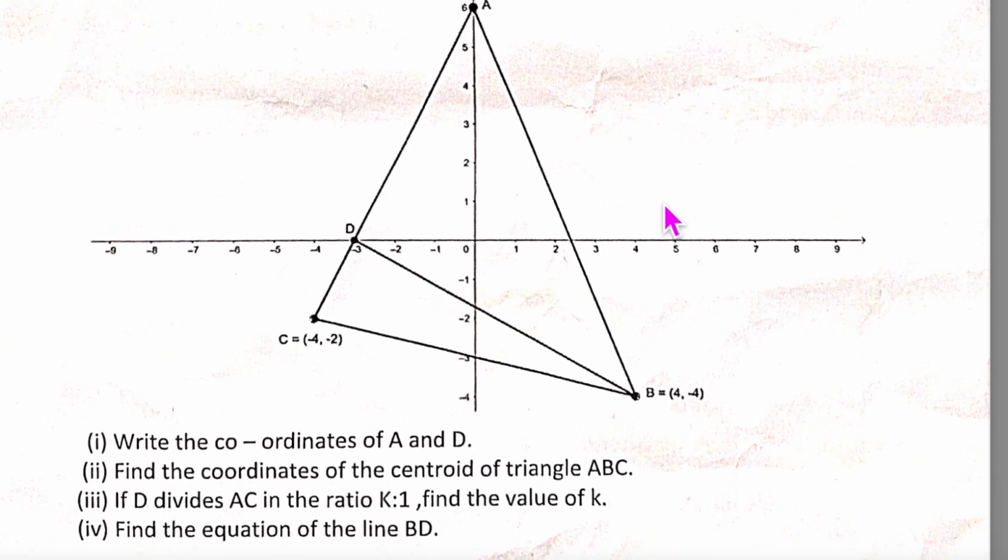D is minus 3, comma 0 and A is 0, comma 6. So what is A? 0, comma 6. How much is D? It is minus 3, comma 0. Haven't they thrown marks at you? Yes, ma'am.